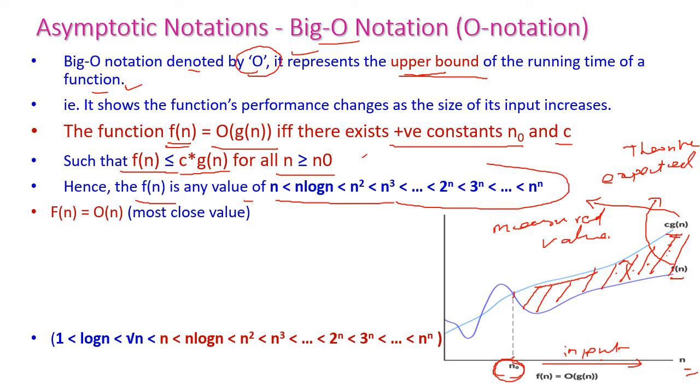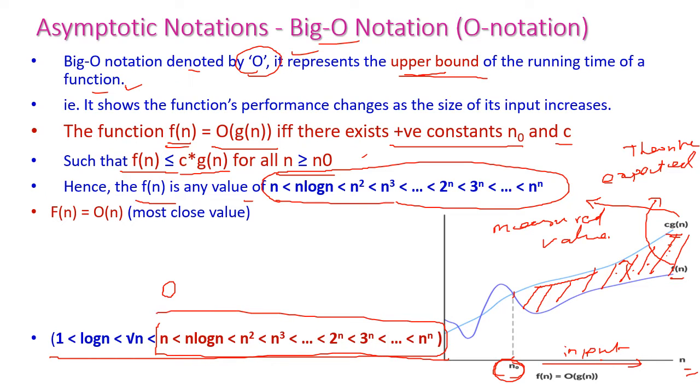Any value. So we will get any of these values, because we have already seen that the runtime efficiency of the algorithm will lie at any of these values, isn't it? Now, if it is big O, that is the upper bound of runtime, then the value should be anywhere here, right?